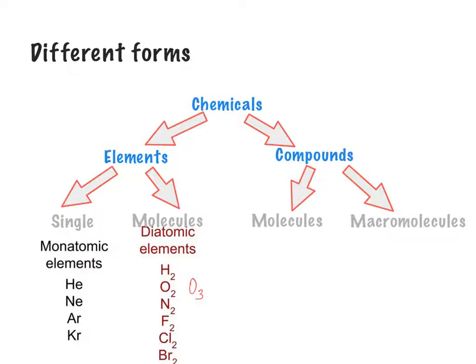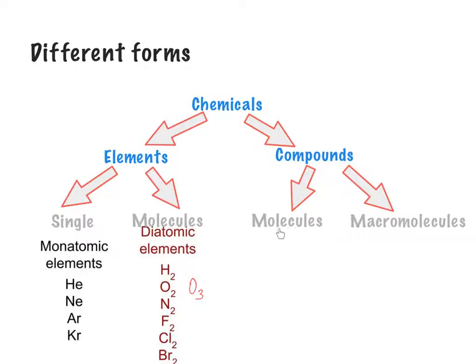Alright, so if molecules occur in elements, they are also going to occur in compounds. And we get molecules of two different sizes, and that's the only difference I'm going to concentrate on. Obviously there are things that I am not concentrating on at all that are included in here, but I'm trying to keep it a reasonably balanced and sensible length in this whole lesson.